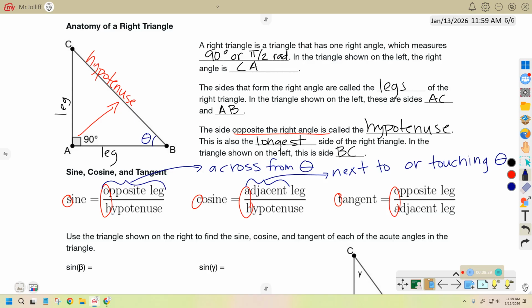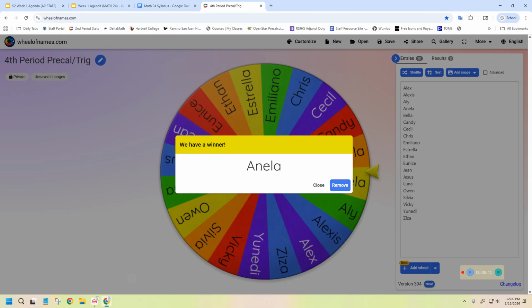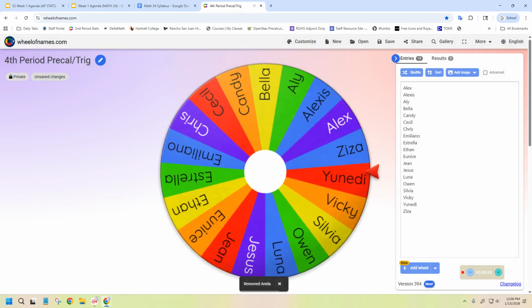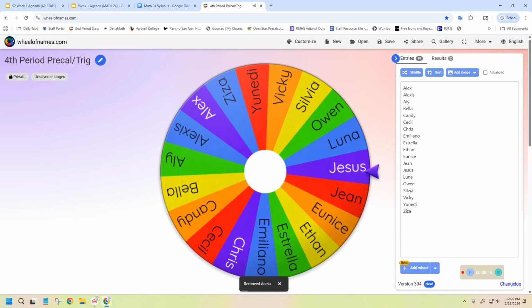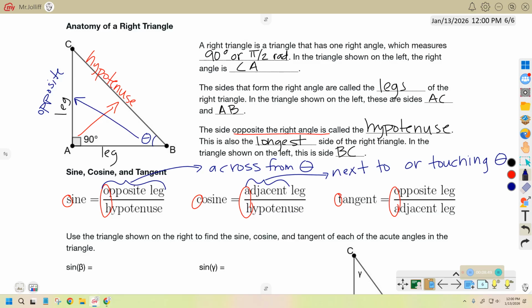AC, very good. It is across from angle theta. Very good. Hey, Seuss, where is my adjacent side? AB, very good.